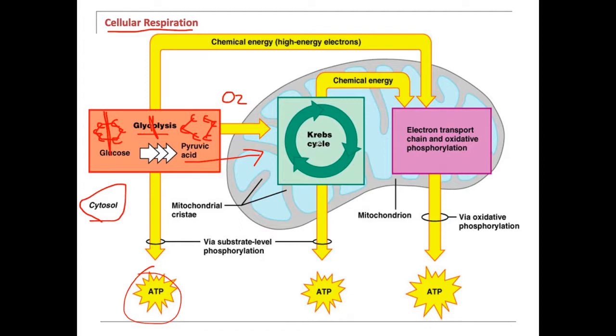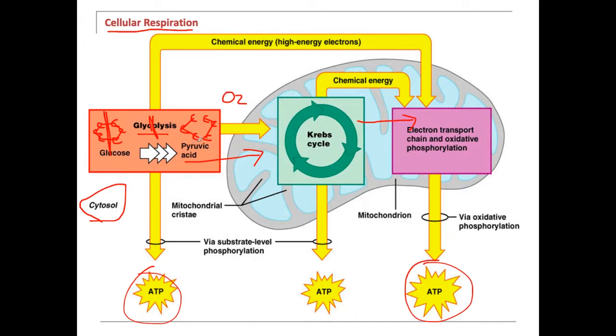And the Krebs cycle needs a lot of your B vitamins, B1, B2, B3 for energy. It needs lipoic acid, right? But the Krebs cycle is going to make these coenzymes, and the coenzymes are used by the electron transport chain to produce lots of ATP.